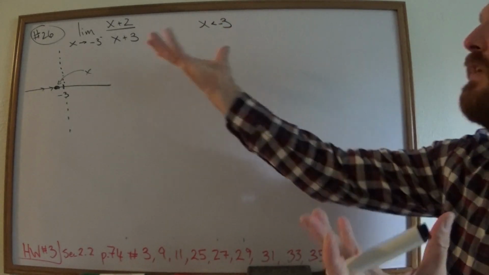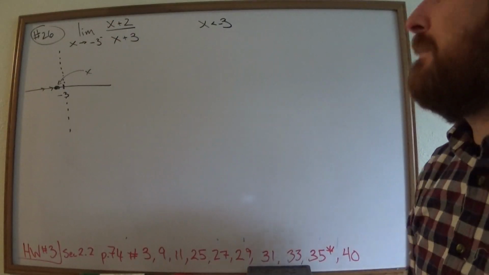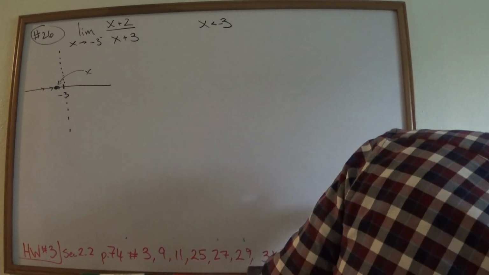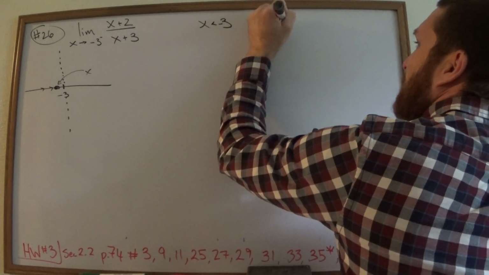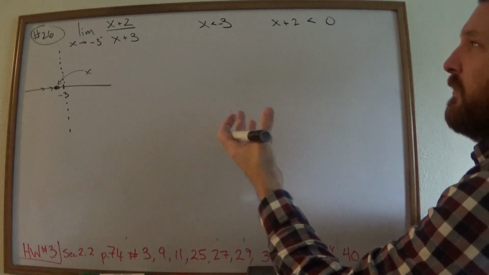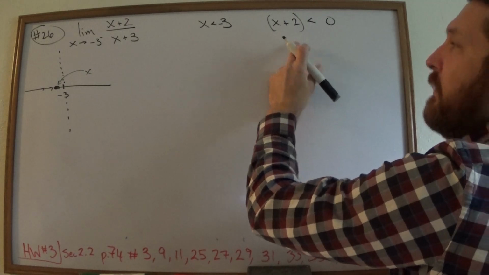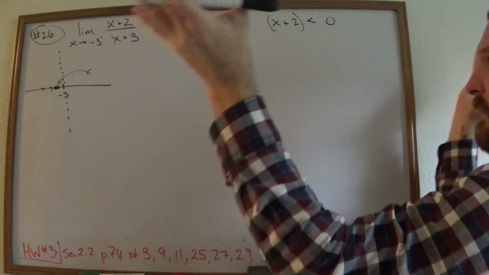You could just see that -3 is less than 2, and if x is even less than -3, then that's got to be negative. Like, x plus 2 has to be less than 0. You don't even need to write that, but we're just going to say, in other words, x plus 2 is negative. All right, that's part of it.